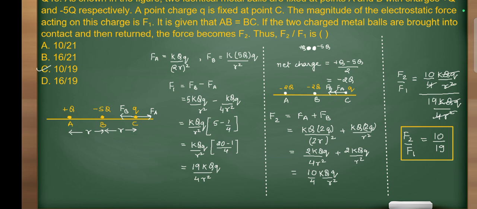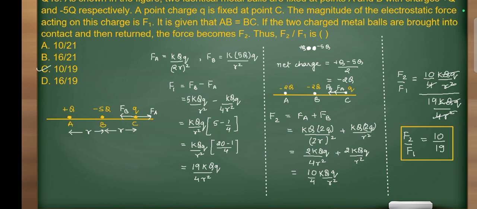When these two charges are brought in contact, the net charge becomes plus q minus 5q divided by 2, that is minus 2q, and these two charges are brought back to the original position. So the net force acting on charge C will be Fa plus Fb, which will be equal to kq into 2q divided by 2r square plus kq 2q divided by r square.